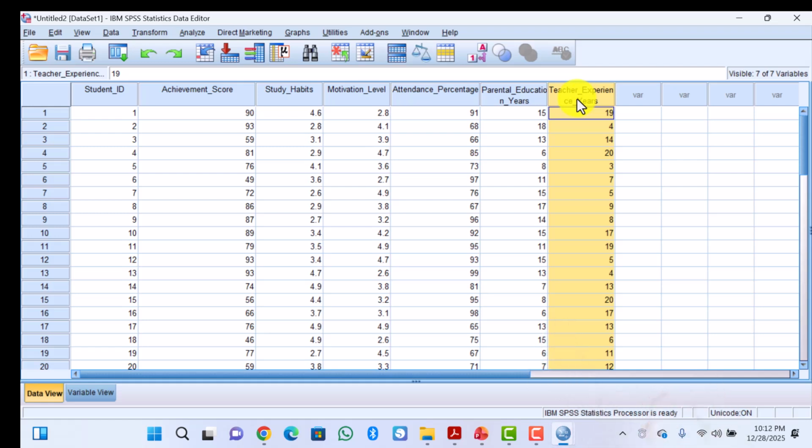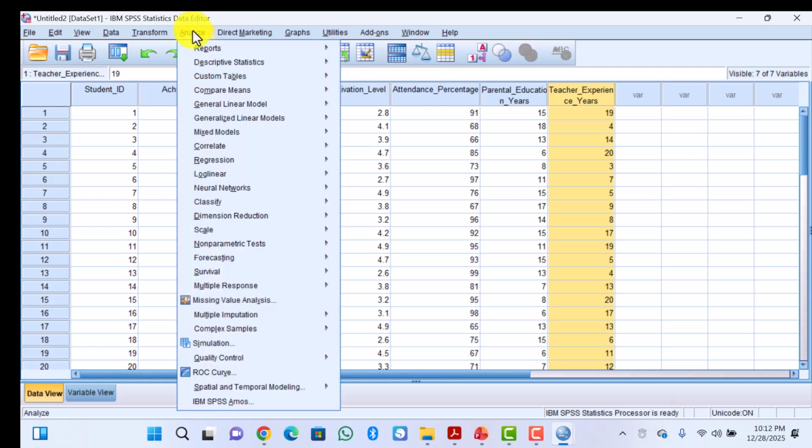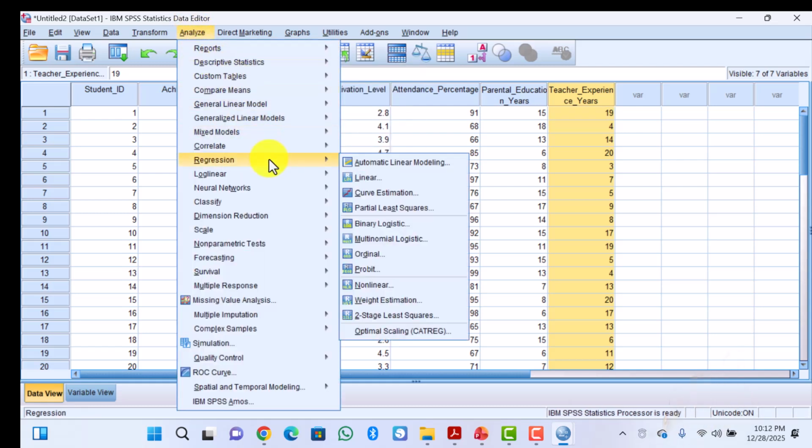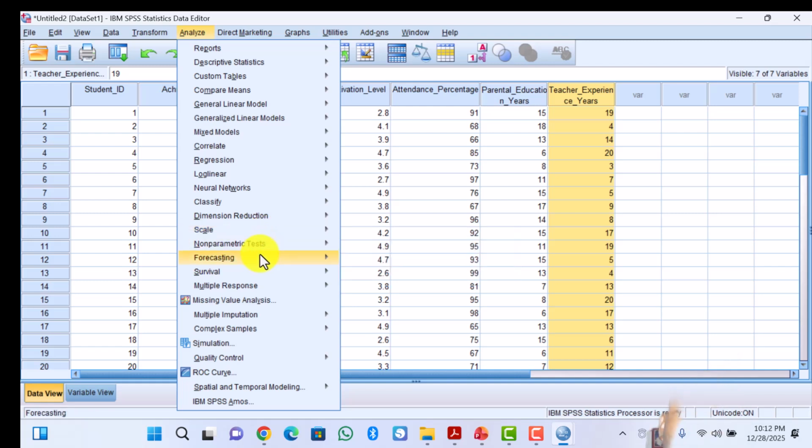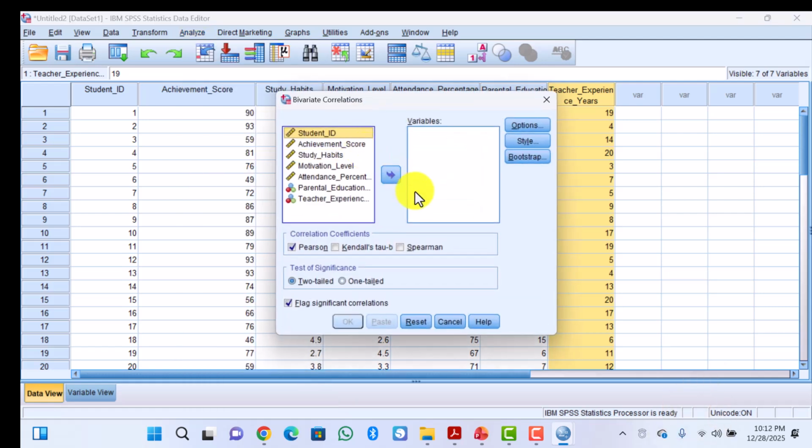We want to see whether all these five variables actually predict the achievement score. And I said we should start from correlation. That's the first thing. We must determine whether the variables that we are considering, the predictors, are correlating with the dependent variable.